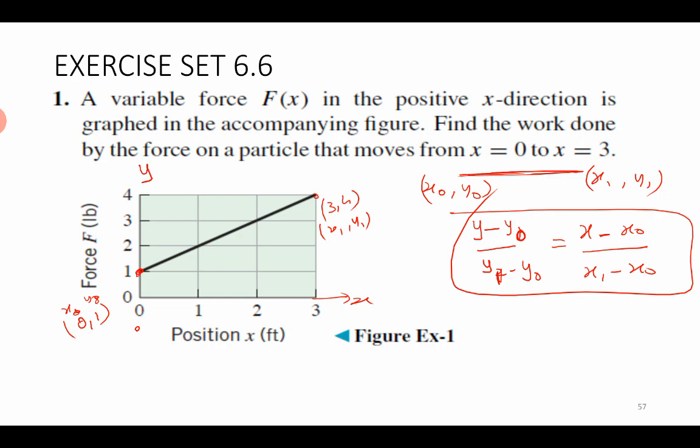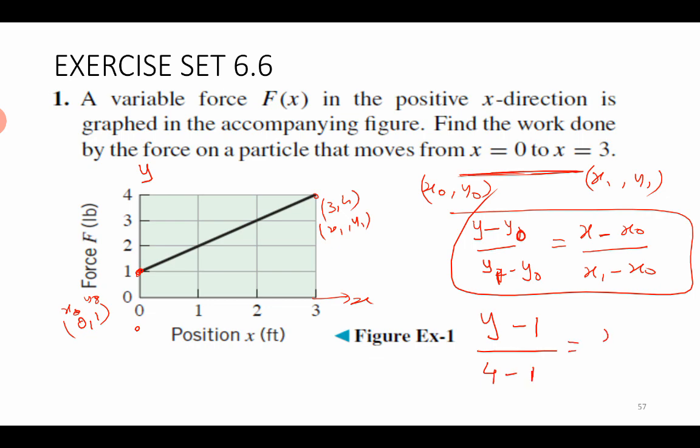Use them in this formula: y minus y0, where y0 is 1, divided by y1 is 4 minus y0 is 1.